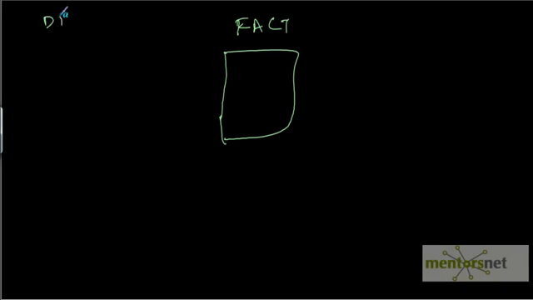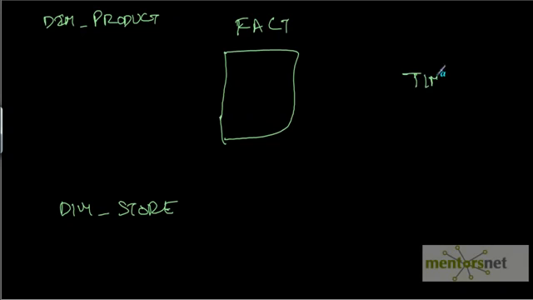So here we have one dimension table for product, one dimension table for store, and one for date, the time dimension. And so we can have a fact table, and the fact table will have foreign keys from the dimension tables.